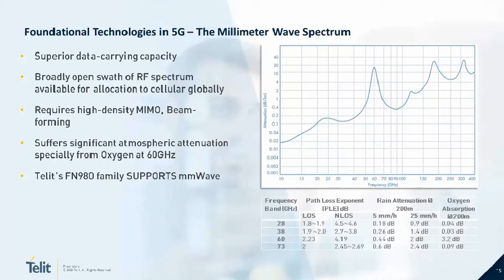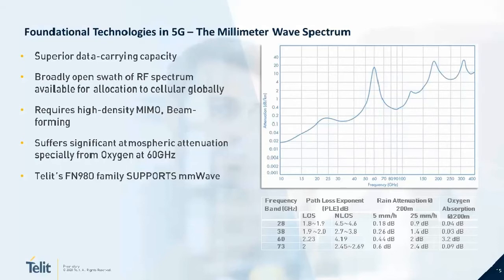If you look at 28 and 38, those are the most common bands, actually 39. 26, 28, and 39 are the bands. And in terms of numbering, 28 is what you might hear as N257, N261, for example. And then 39 or 38 is what you might hear as N260.